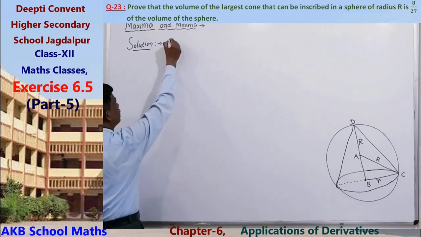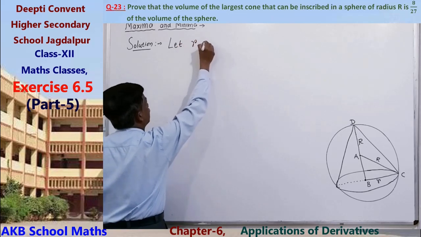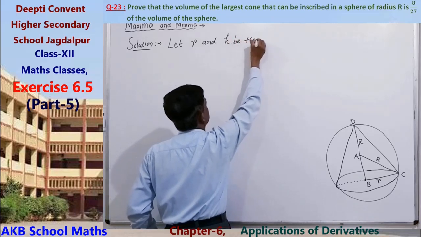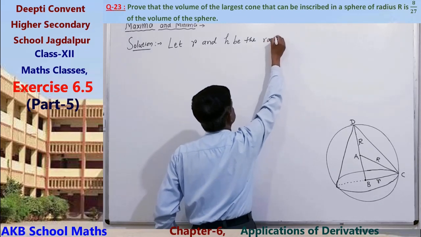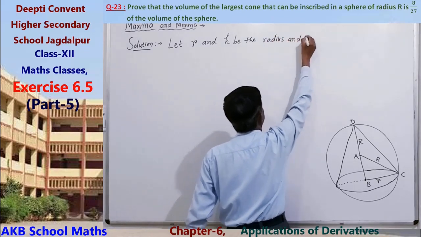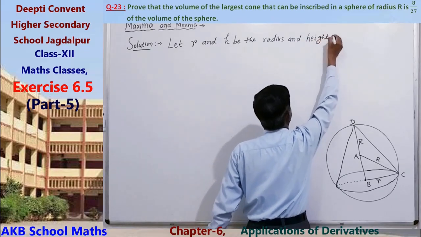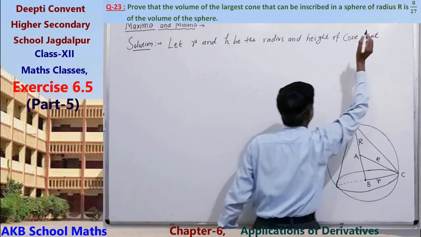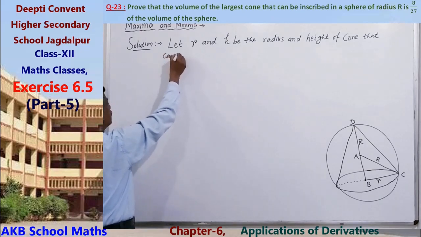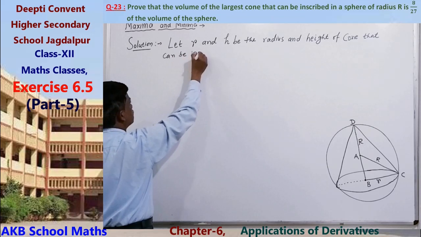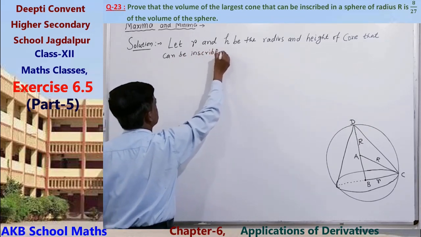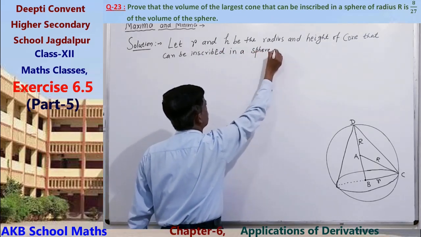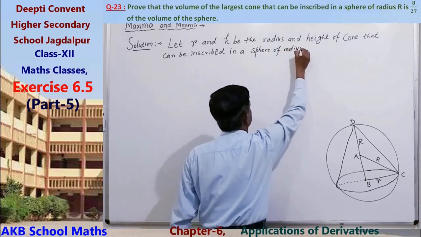So here the solution: let small r and small h be the radius and height of the cone that can be inscribed in a sphere of radius capital R.